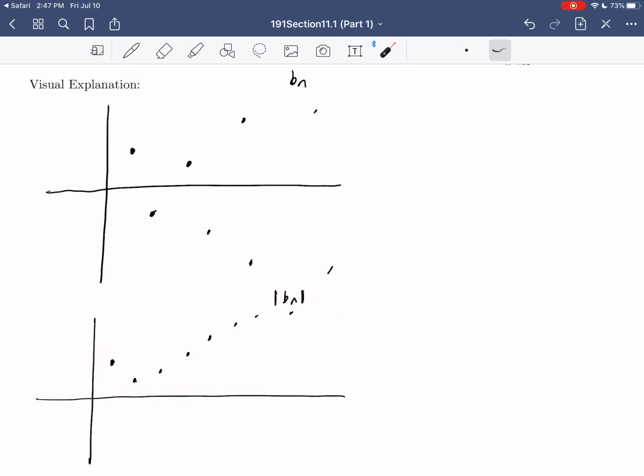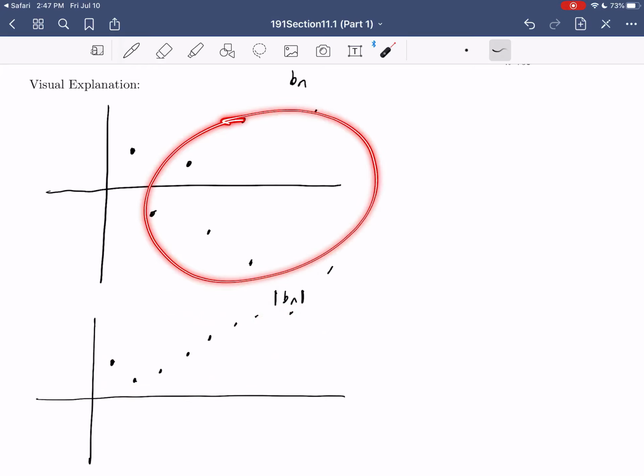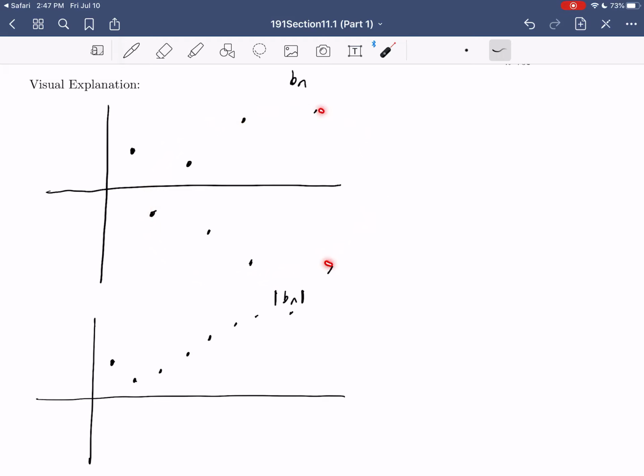If we look at that, we can see that this absolute value b sub n might be approaching some value. But you'll notice that the b sub n is not approaching anything because it keeps alternating. So if the absolute value isn't headed down towards 0, well, then what's happening is that in the long run, you're oscillating between two different values, and you're not going to converge.